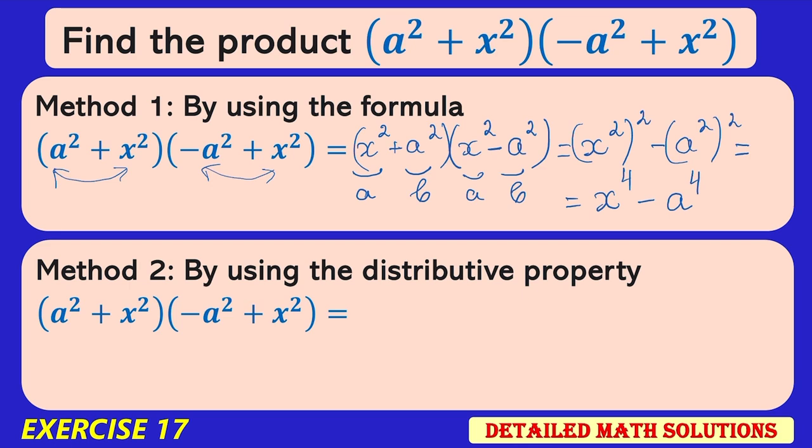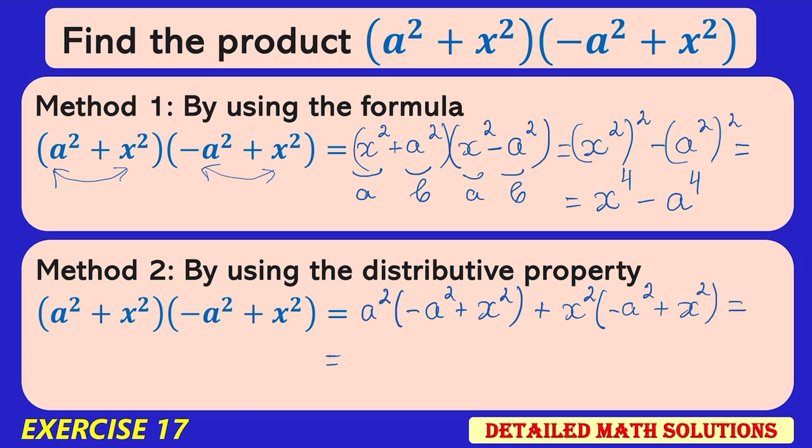The second method, when I use the distributive property, this equals a squared multiplied by minus a squared plus x squared in parentheses plus x squared multiplied by minus a squared plus x squared in parentheses.